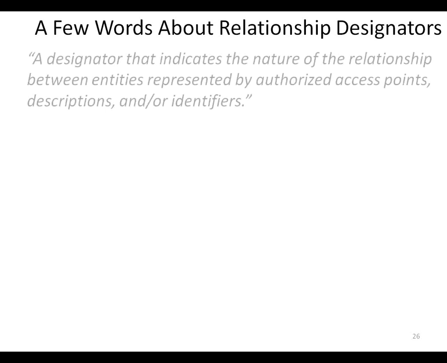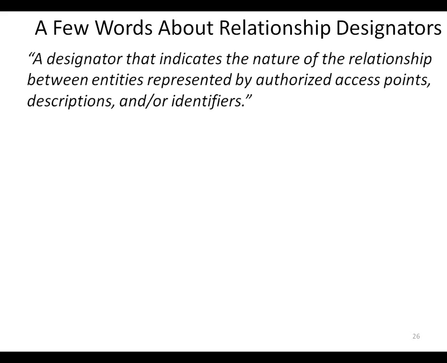Okay, so let's talk a little bit about relationship designators, because that's a new feature with RDA. We actually had long ago used relationship designators in cataloging to some degree and stopped doing it. So by definition, a relationship designator is a designator that indicates the nature of the relationship between entities represented by authorized access points, descriptions, and/or identifiers.